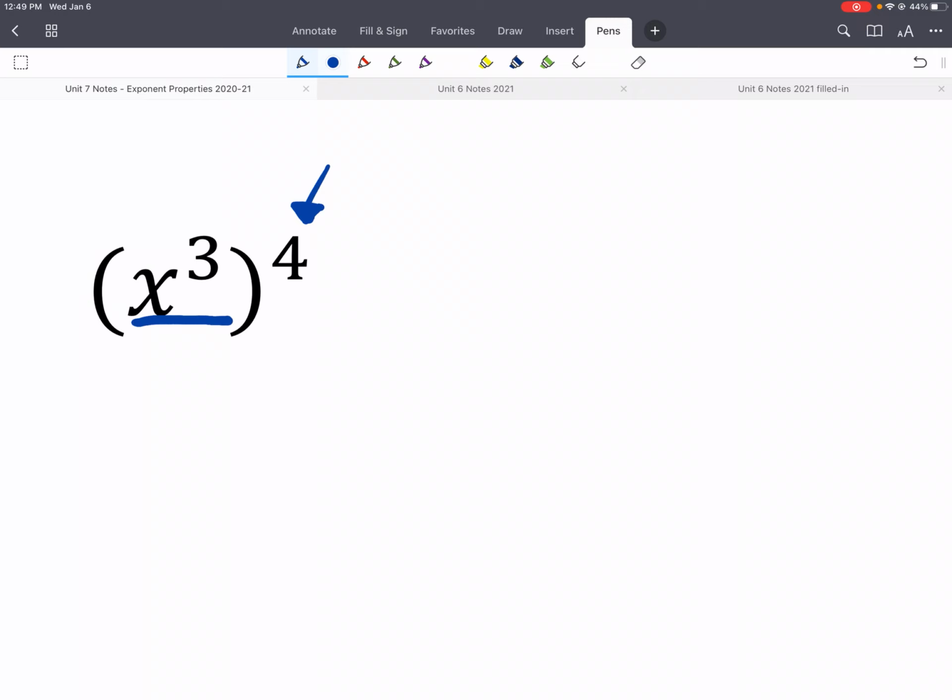So we're going to expand it. We need to write x to the third 4 times. Then that can be expanded even further. Every time we have an x to the third, that is just 3 x's.